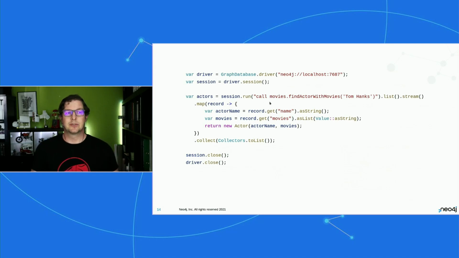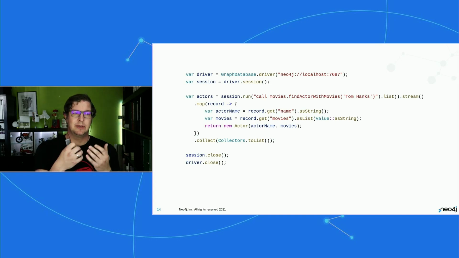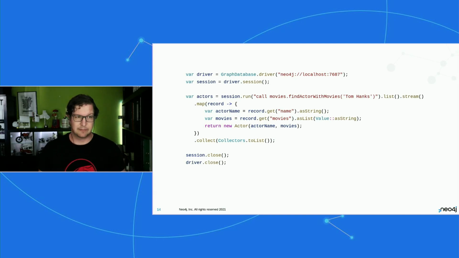So I want to get all actors, the actors with all titles named Tom Hanks. And this looks pretty much the same as we had before. So I just take the results from my record, parse them, and create a new object out of it. Then I do a clean shutdown, of course, to get everything back.